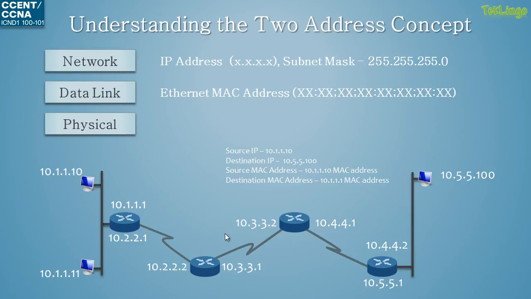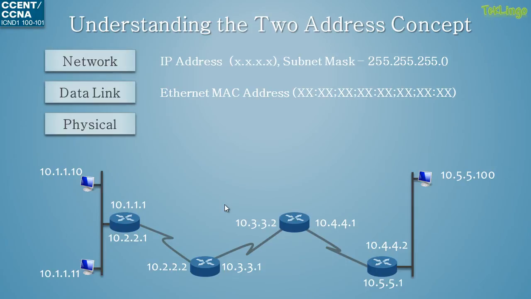Now when the packet is sent to router 10.2.2.2, it will replace both the source and destination MAC address with a new source MAC address of router 10.2.2.1 and the destination MAC address of router 10.2.2.2, but the source and destination IP addresses will not change.